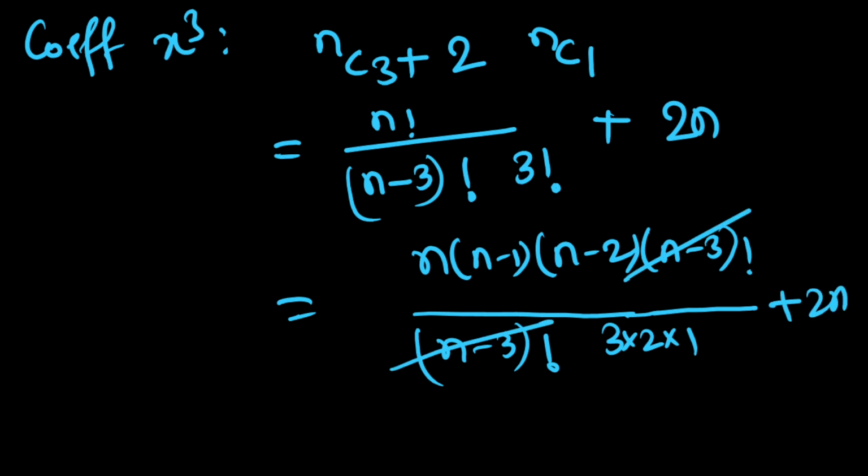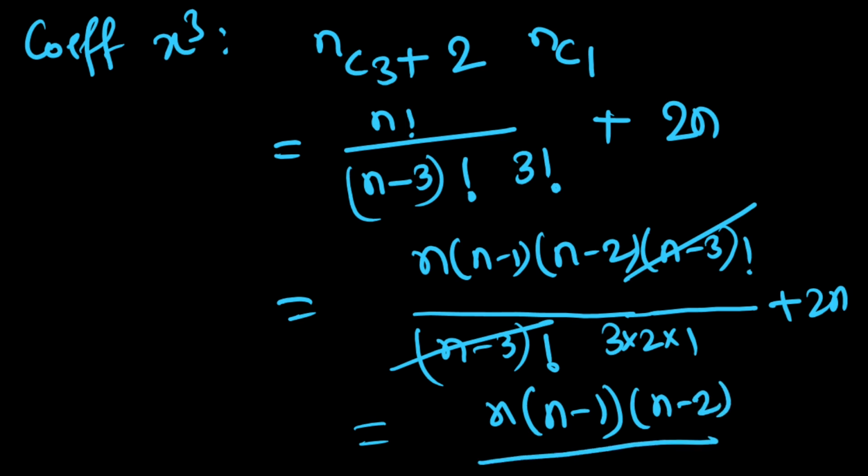The (n − 3)! cancel, so the final term is n(n − 1)(n − 2)/6 + 2n.